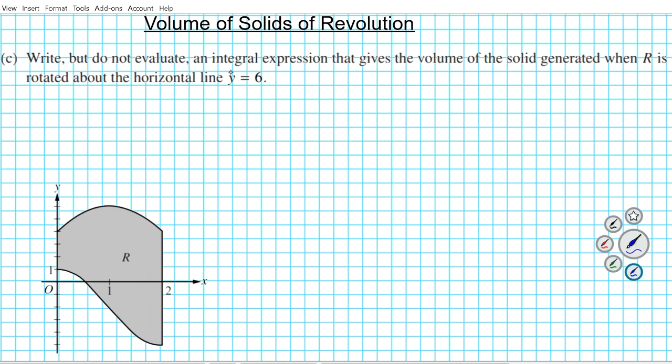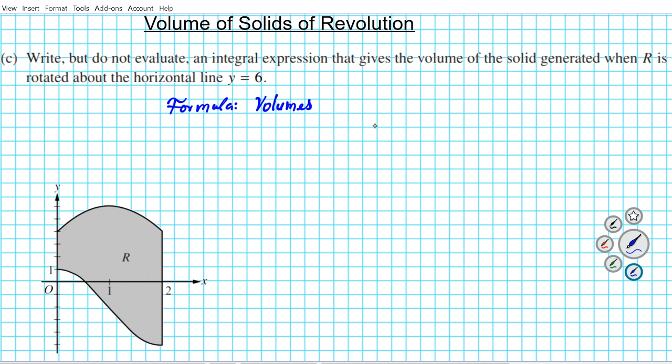Okay, so let's do this. We're considering the formula for volumes. Well, there are two configurations. Volumes can result from rotating the region about a horizontal line or a vertical line.